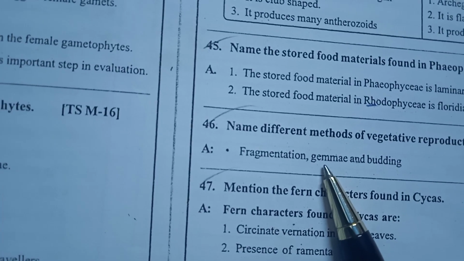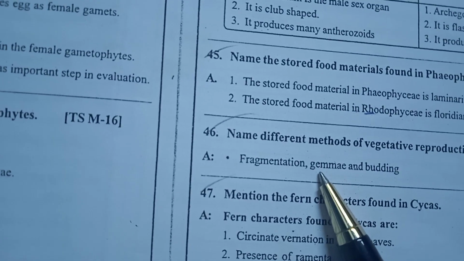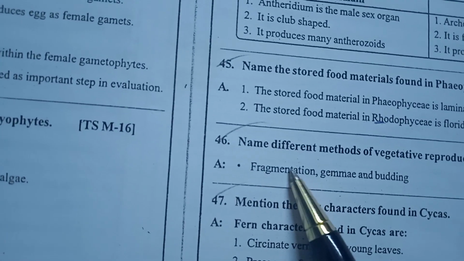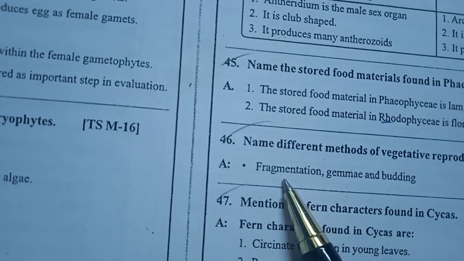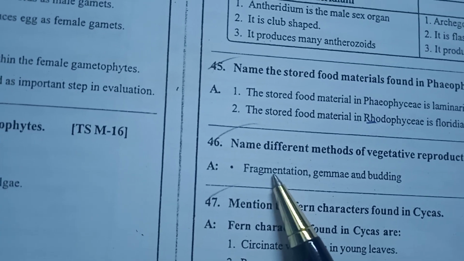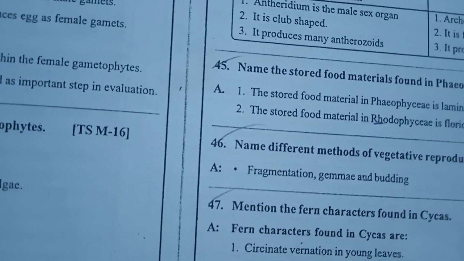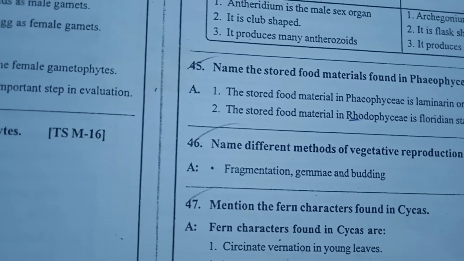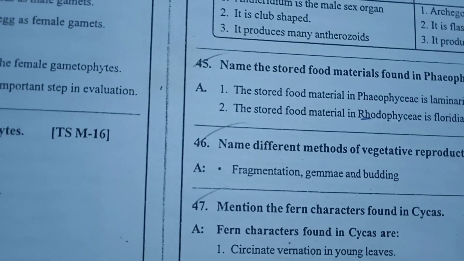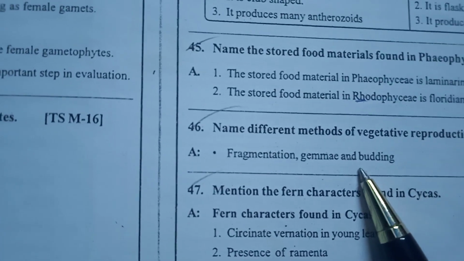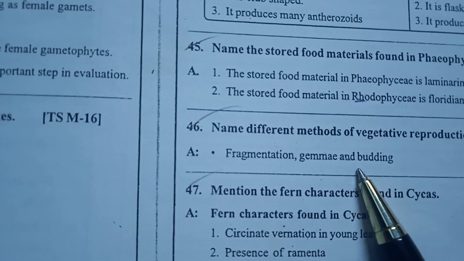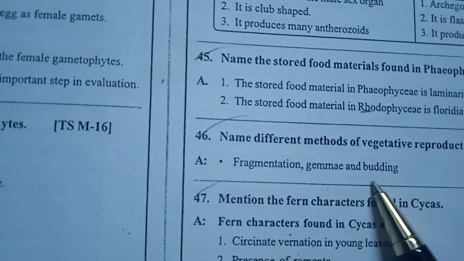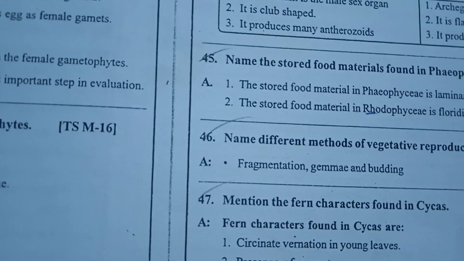This type of asexual reproduction is referred to in the case of gemma. Fragmentation is also an asexual reproduction. Whereas budding is also a type of asexual reproduction, most commonly associated with both multicellular and unicellular organisms.